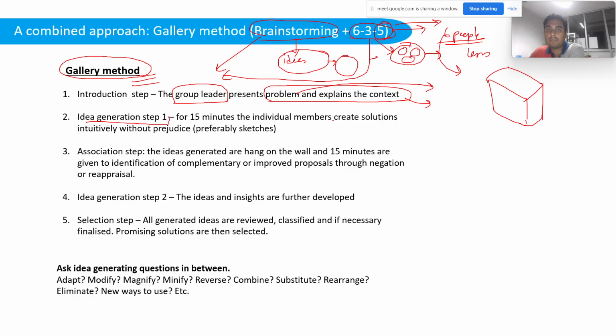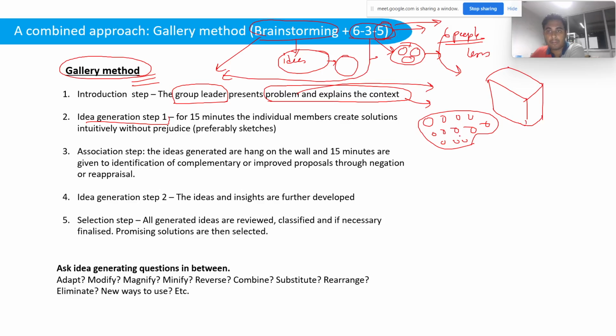This is like a brainstorming session, so there is no limitation like 6 members only. You can have more than 6 members, like 15 members in a brainstorming session. After the group leader presents the problem, the participants are given 15 minutes to create solutions on a piece of paper or a blackboard.